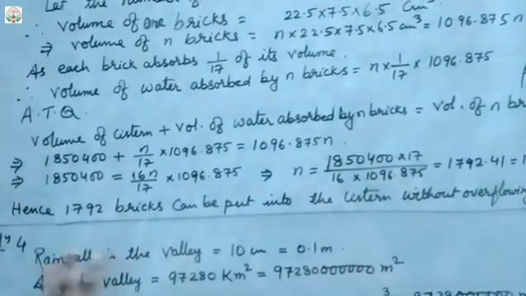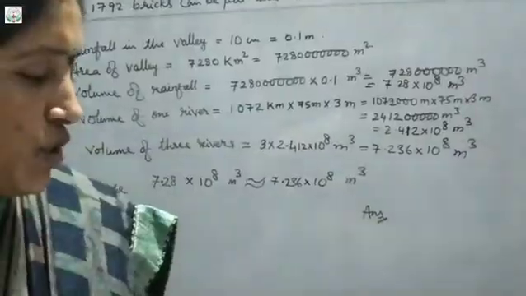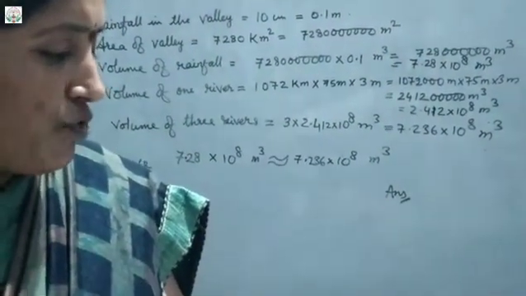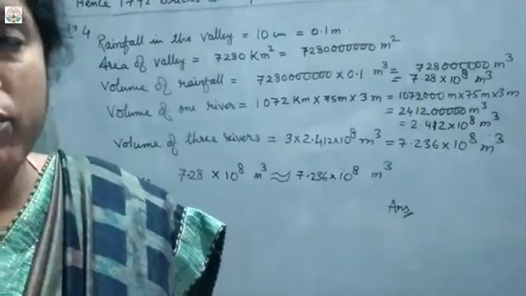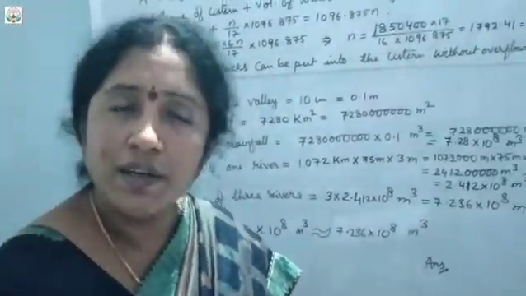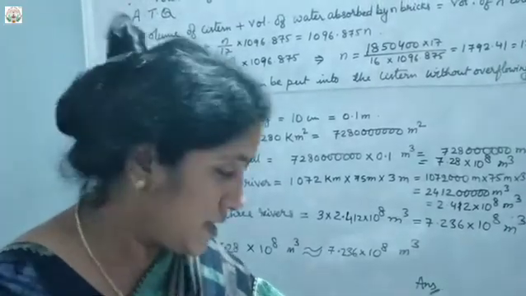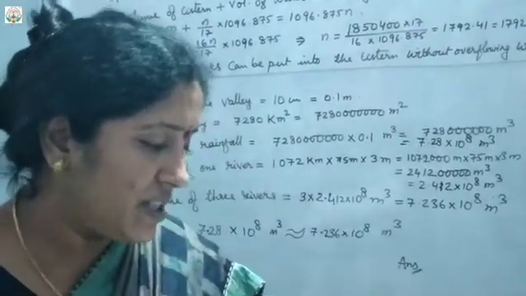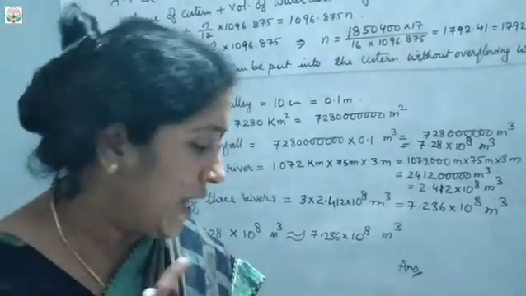Okay, now the fourth question. The fourth question of 13.35 is: in one fortnight of a given month, fortnight means 15 days. In a month we know that 30 days are there, so a fortnight means 15 days. There was a rainfall of 10 centimeter in a river valley.